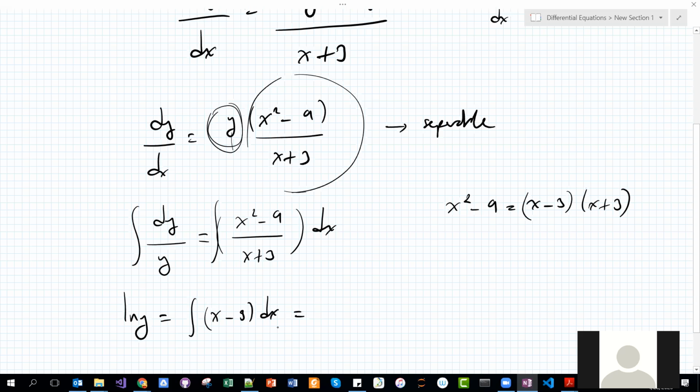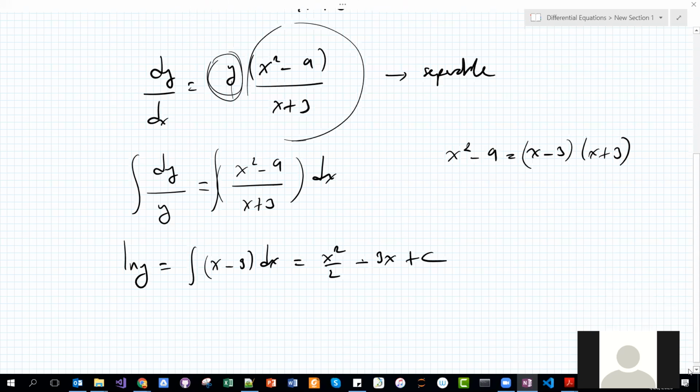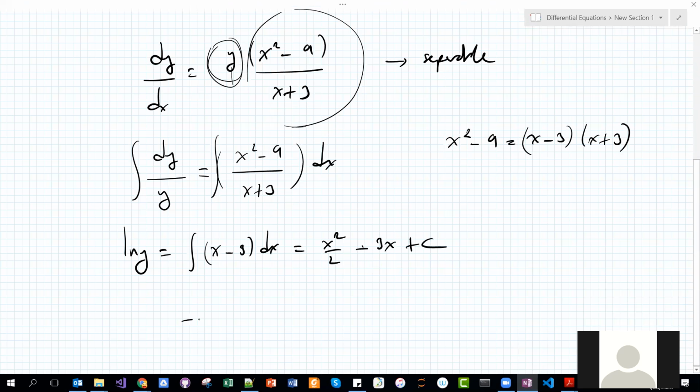Now I have an easier integral, which is going to be equal to x squared over 2 minus 3x plus c, correct? Then, if you want to, of course, go ahead and give me the explicit solution, that's going to be y equals k times e to the (x squared over 2 minus 3x), where k is e to the c. That is the answer to this question.